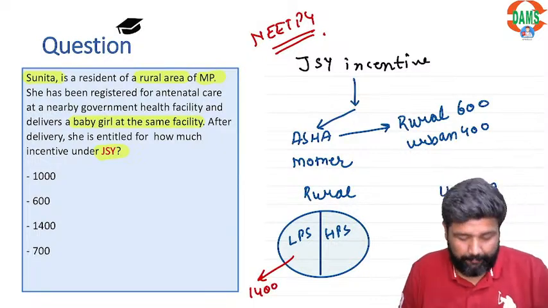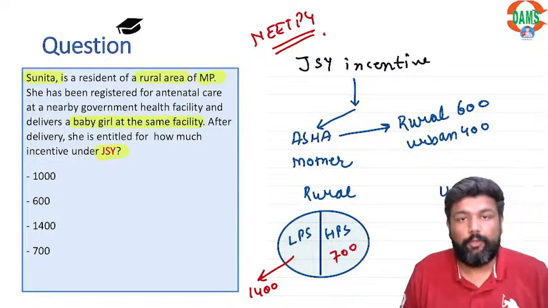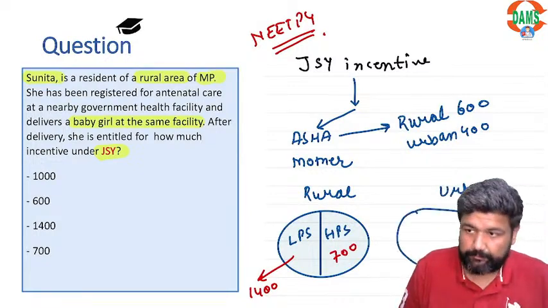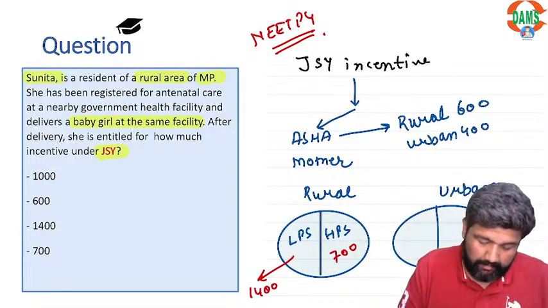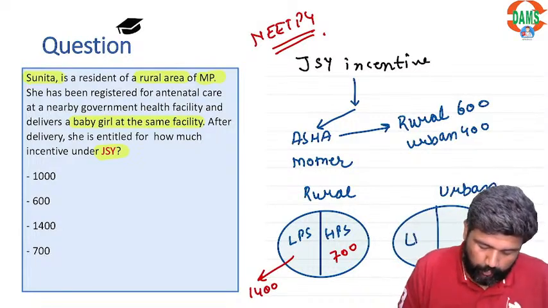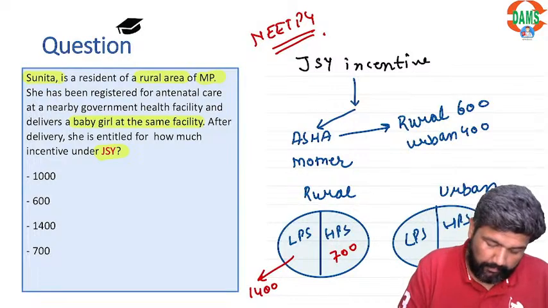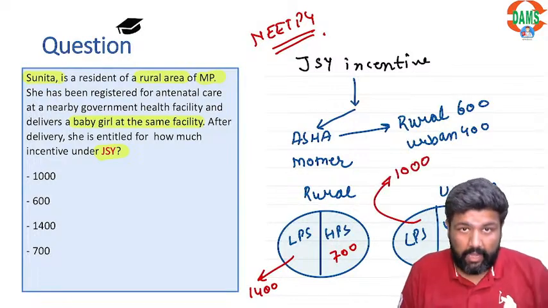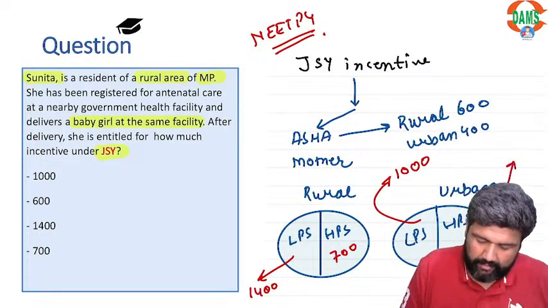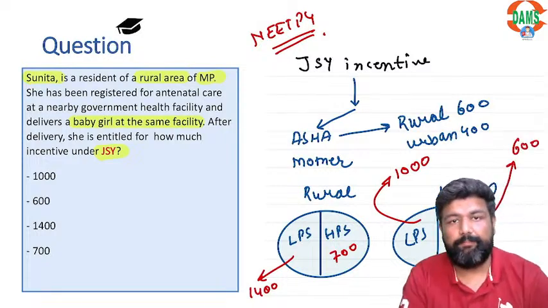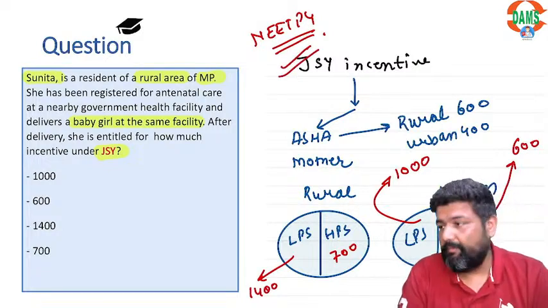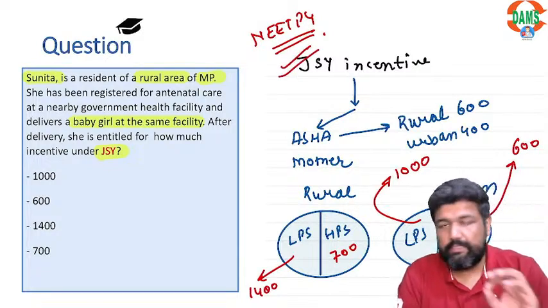If it is a high performing state, it is half of the low performing state. If it is urban area of a low performing state, it is 1000. Half of this is around 500, but here we are giving 600, right? This is JSY incentive. This is very, very important.